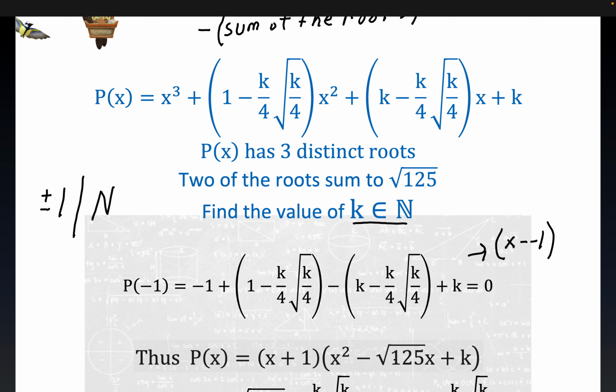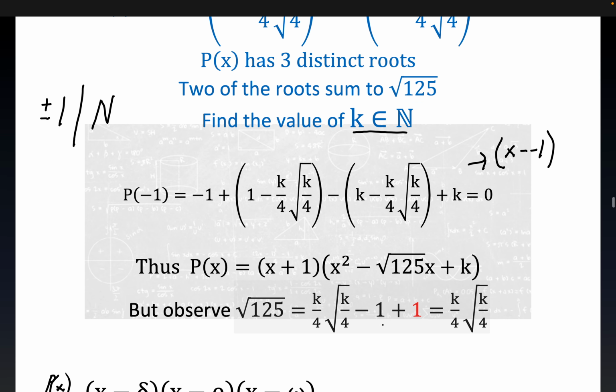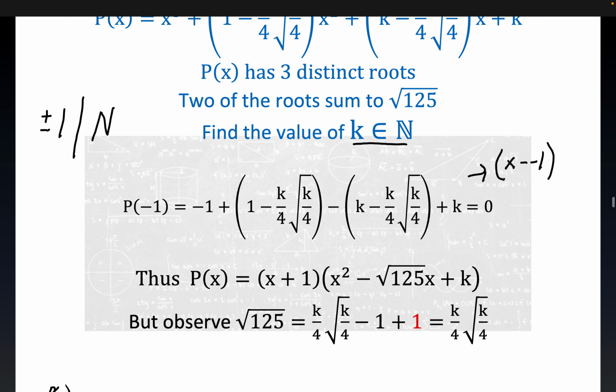Now, notice that we've already used up, in other words, minus 1 was included in this count. We don't know what this count is, but minus 1 was included in this count, and so we have to correct that, and you can see right here, this is minus the sum of the roots. You see how I turned this around? That's minus the sum of the roots, but for the square root of 125, you'll have to get rid of the minus 1 that was part of this sum, okay, right up here.